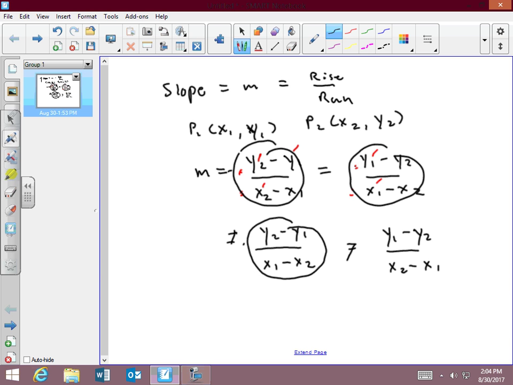Now, other typical errors that people will do, they'll put y2 minus x2 over y1 minus x1. And that's not correct. They'll take the difference of the ordered pairs in your numerator. So be sure that you practice these and get it straight in your head how to set them up and do them.